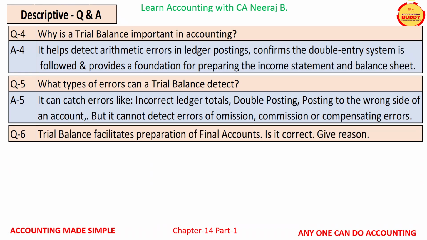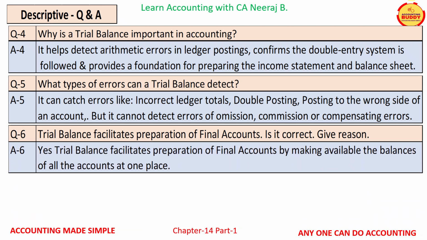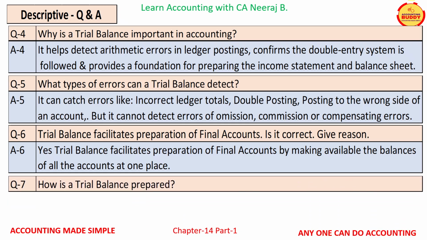Question number 6 is, trial balance facilitates preparation of final accounts. Is it correct? Give reasons. And the answer is, yes, trial balance facilitates preparation of final accounts by making available the balances of all the accounts at one place.